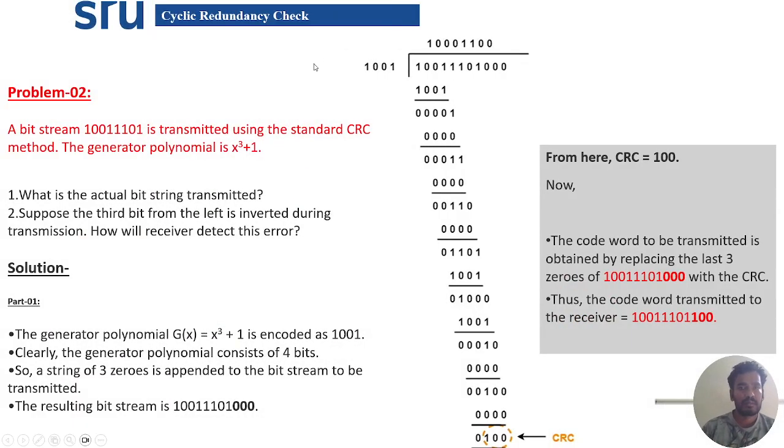Same as another problem, we have the given data bits and the generated polynomial key. So the key should be 1 0 0 1.